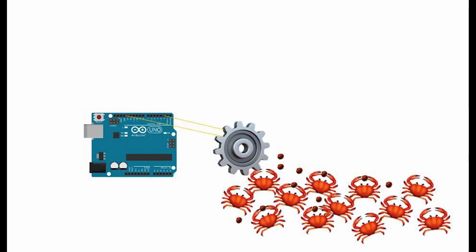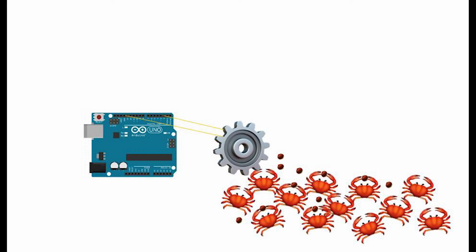We can do this by connecting an Arduino board to a servo motor. A servo motor is a motor that can be controlled using an Arduino board that is programmed properly. If we program the Arduino board and command the servo motor to turn at suitable time periods and by a suitable amount, and we connect a feeding mechanism onto the servo motor, then when the servo motor turns, it will drop food pellets into the crab tank.